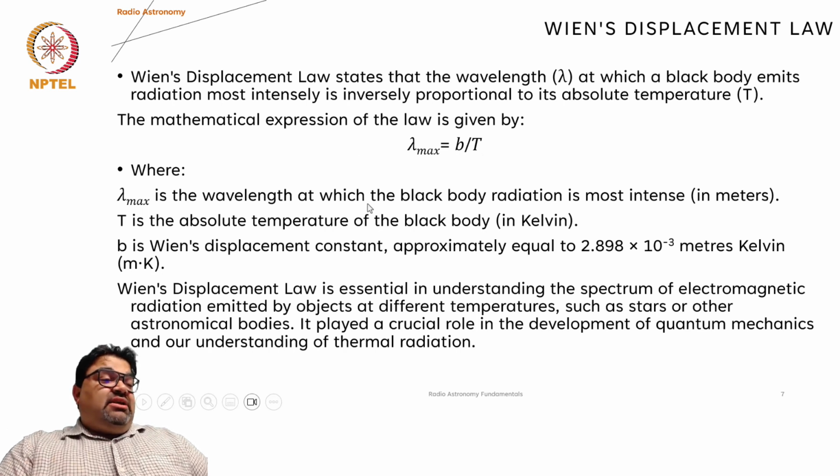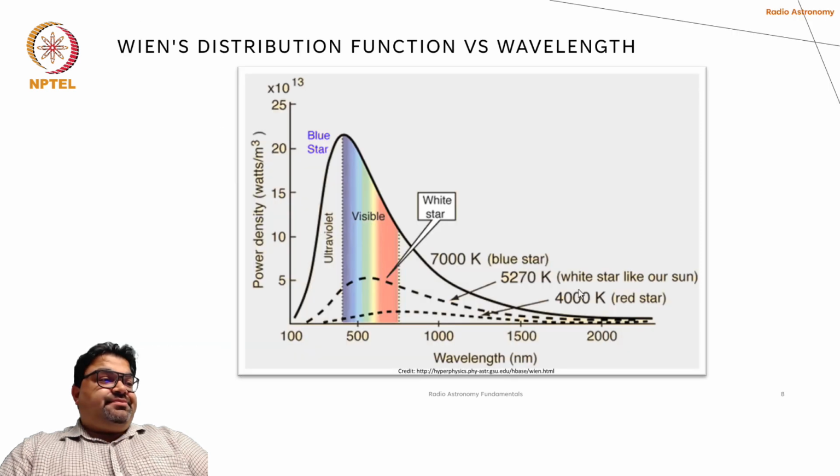Wien's law is essentially about understanding the spectrum of electromagnetic radiation emitted by objects at different temperatures, such as stars or other astronomical bodies. It played a crucial role in the development of quantum mechanics and our understanding of thermal radiation. So this is again a bit of explanation. For a red star of 4000 Kelvin, the peak is near the infrared.